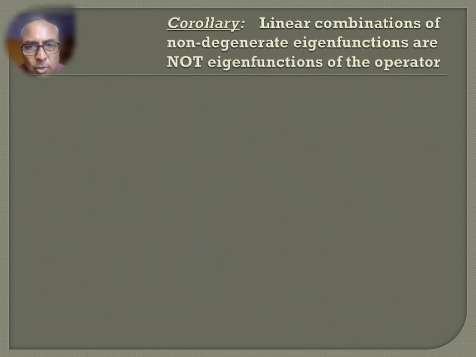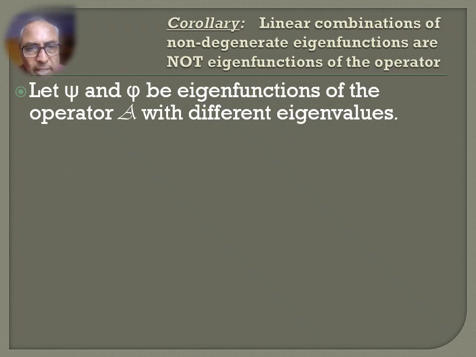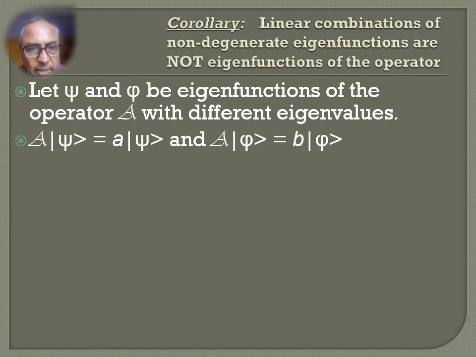To prove the corollary, namely that linear combinations of non-degenerate eigenfunctions are not eigenfunctions of the operator, let psi and phi be eigenfunctions of the operator A with different eigenvalues. That is, A operating on psi ket is equal to small a times psi ket, and A operating on phi ket equals small b times phi ket. Let chi equal c phi ket plus e psi ket.